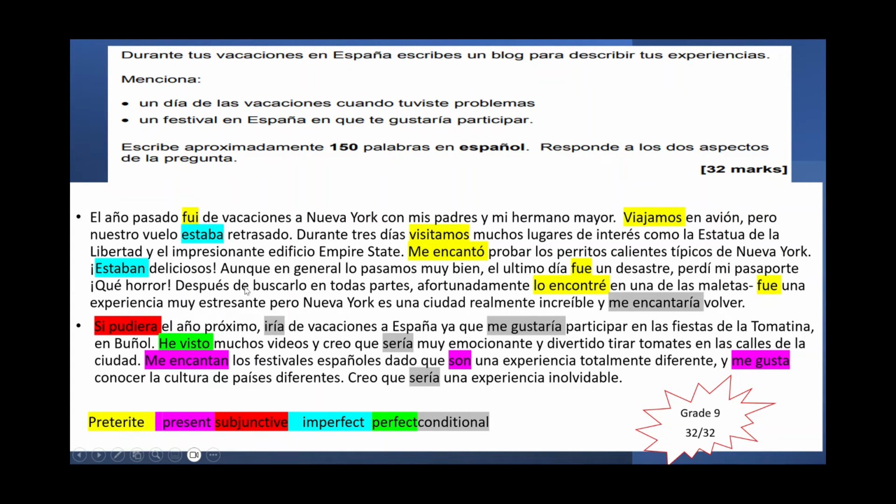Estaban deliciosos. Aunque en general lo pasamos muy bien, el último día fue un desastre. Perdí mi pasaporte. ¡Qué horror! Después de buscarlo en todas partes, afortunadamente lo encontré en una de las maletas. Fue una experiencia muy estresante, pero Nueva York es una ciudad realmente increíble y me encantaría volver.